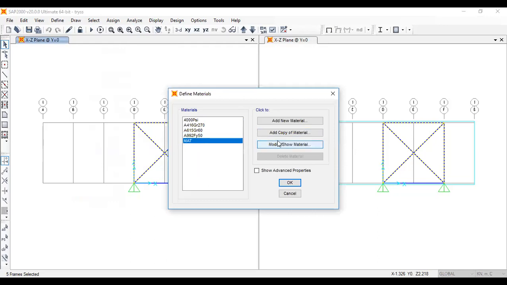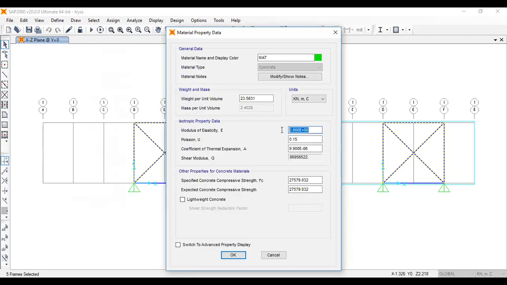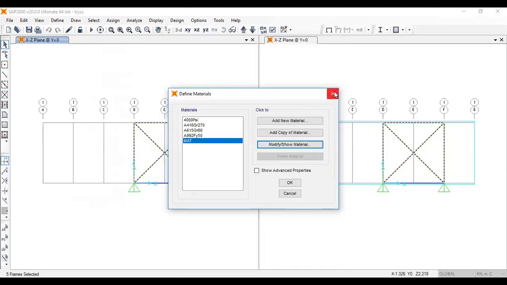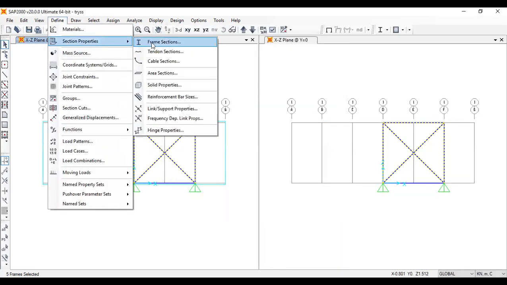Because we need to have the exact materials that the results depend on, right? So modify materials, you can see I have given the correct modulus of elasticity, 2 to the power 11, right? Remember. And also I have defined the sections as well.